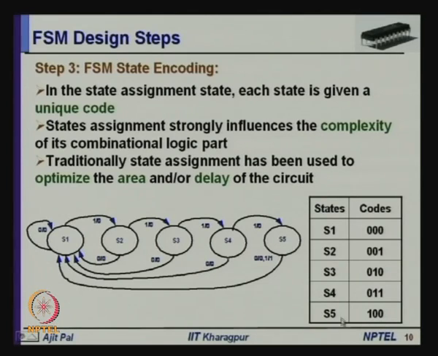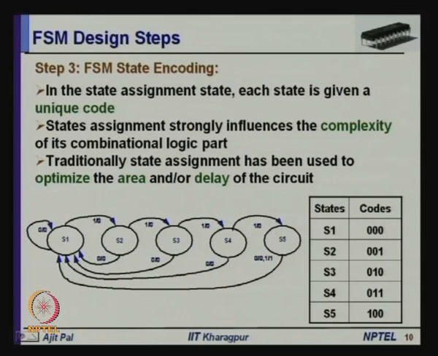Since there are 5 states, you will require 3 bits. With 3 bits, you can represent up to 8 states. As long as the number of states is 2, only 1 bit is sufficient. If the number of states is within 4, 2 bits are sufficient, and so on. That means if you have k bits, then the maximum number of states p is equal to 2 to the power k.